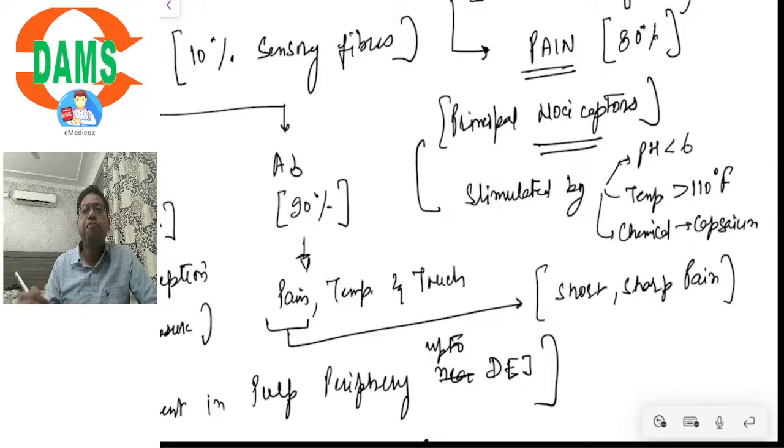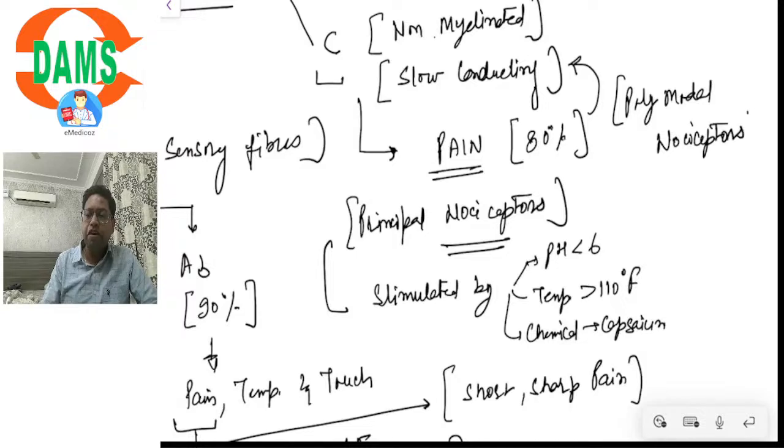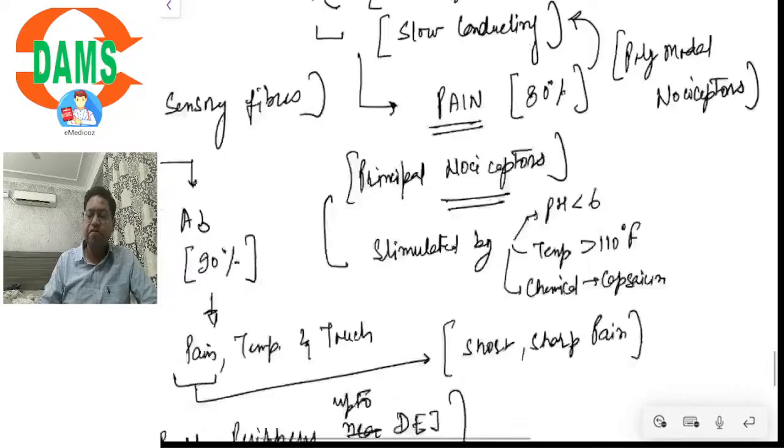So there are numerous methods by which the C fibers can be stimulated, and all sorts of stimulation will result in the sensation of pain. So another name for the pulpal C fibers is polymodal nociceptors. Why polymodal? Because there are numerous modes of stimulation of these C fibers.